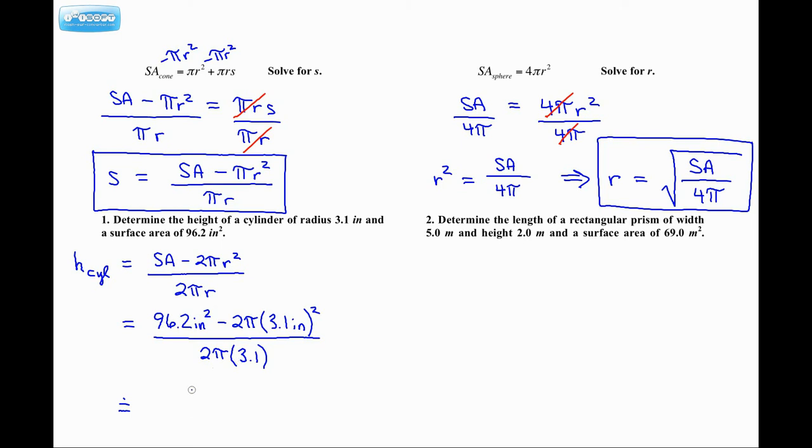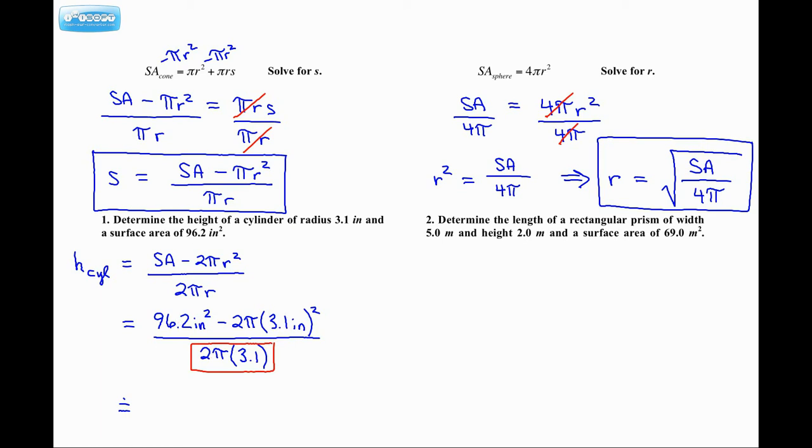And here's where you have to be extra careful. I'm going to hit divide. Now if I just type 2 times pi times 3.1, then I will get the wrong answer, because your calculator will divide it by 2, but then it'll actually multiply this entire thing by pi times 3.1. So we need to ensure that everything in the denominator is being divided into this answer up here, the 35.8.